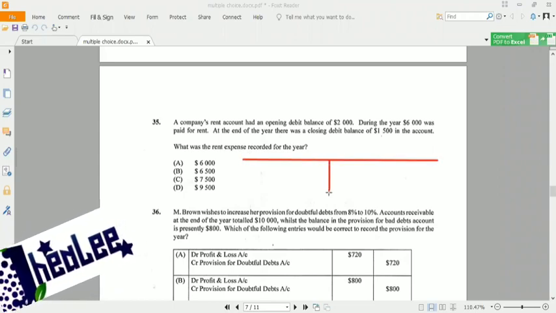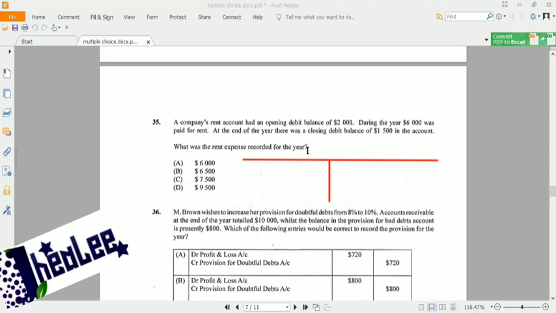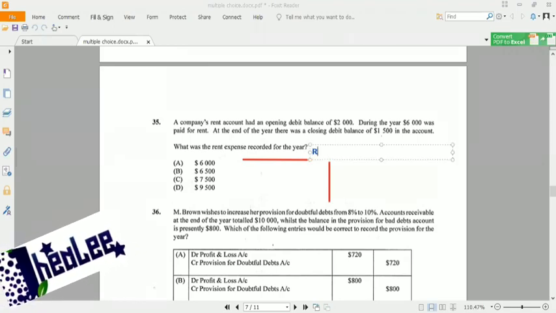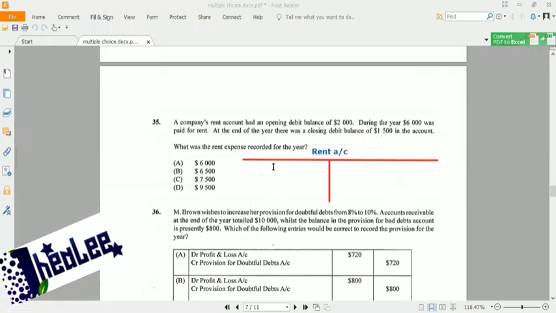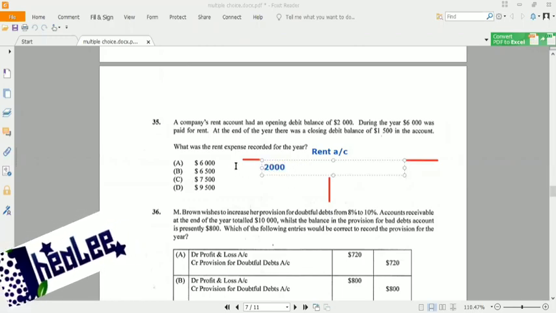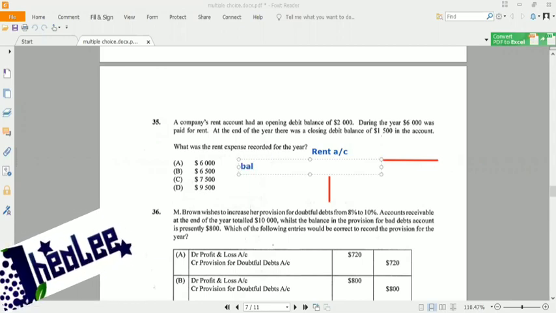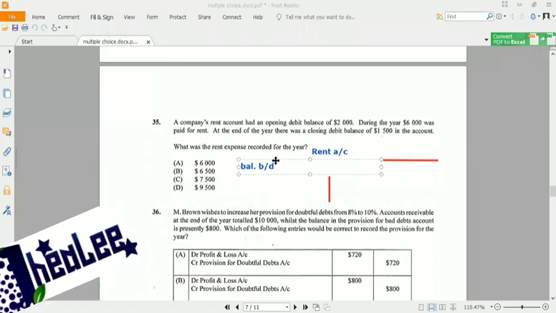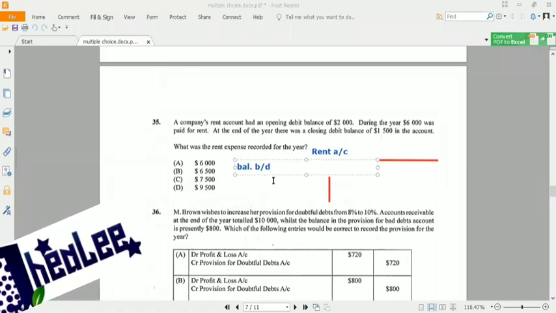So we can simply do something like this, and we're going to label that our rent account. It said that there is an opening balance of 2,000. So this would be the balance BD. Instead of writing balance BD, we could say that it is rent prepaid.